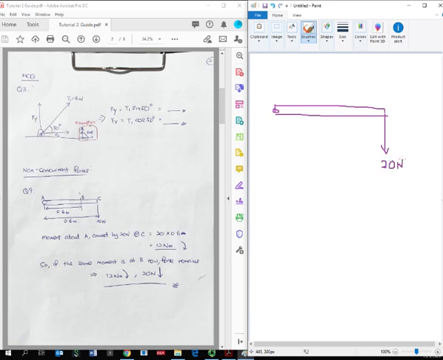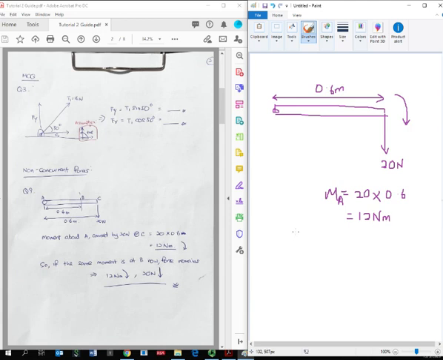The initial basis given to us is that this is 0.6 meter away. So in principle, the moment turning this direction is 20. Moment about A is 20 multiplied by 0.6, so it gives me 12 Newton meter.